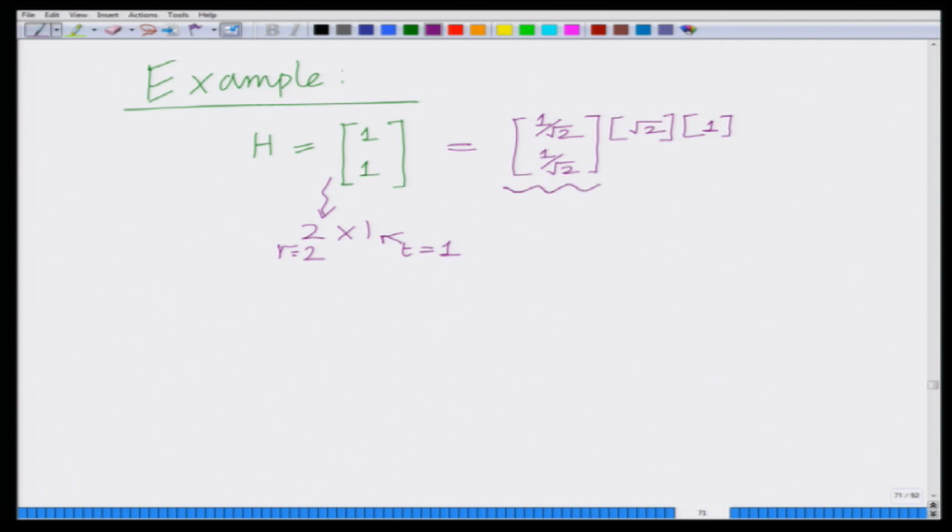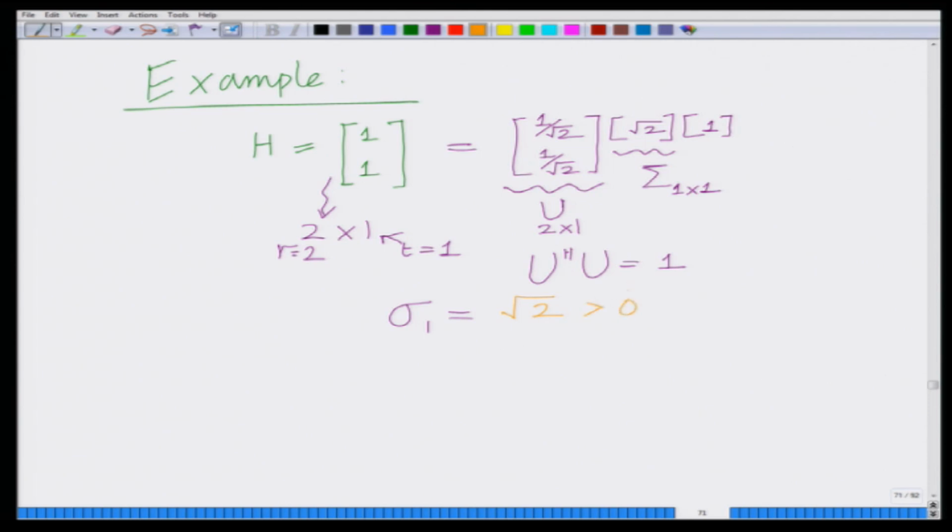Now look at this: I have my matrix U which is 2 cross 1 and obeys the property U Hermitian U equals 1, the 1 cross 1 identity. I have the diagonal matrix of singular values sigma, which is 1 cross 1, and sigma 1 equals square root of 2, which is greater than 0.